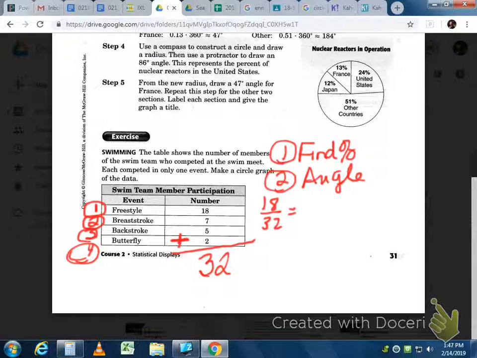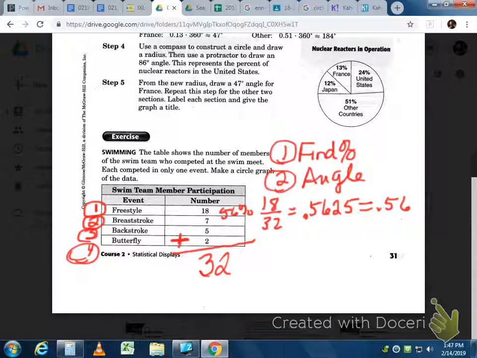What is it? 0.5625. Make sure you guys are writing this down so you know. So 0.5625. Now, Team 1, round that to the nearest hundredth. 0.56. So your first thing was 56%.